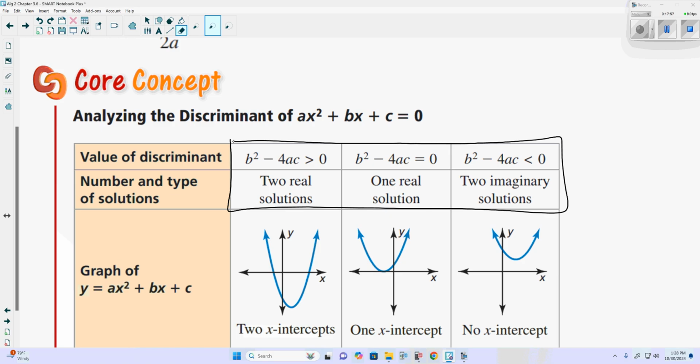Because there's 3 things that happen with the discriminant. The first is that b squared minus 4ac is greater than 0. And if it is, we get 2 real solutions.